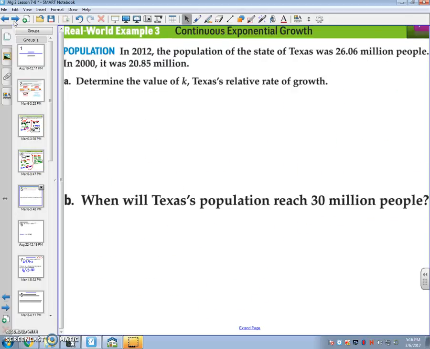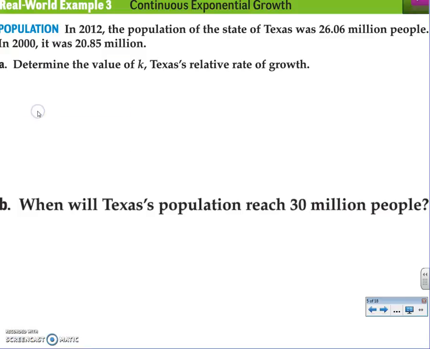We're going to use Texas population now. So in 2012, the population of Texas was 26.06 million. In 2000, it was 20.85 million. Find the value k, Texas' relative rate of growth. So y equals ae to the kt.